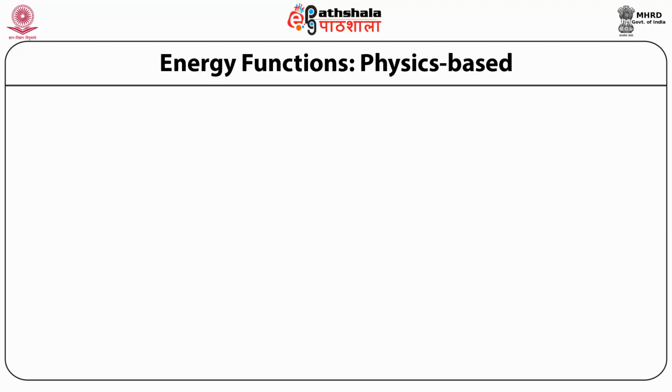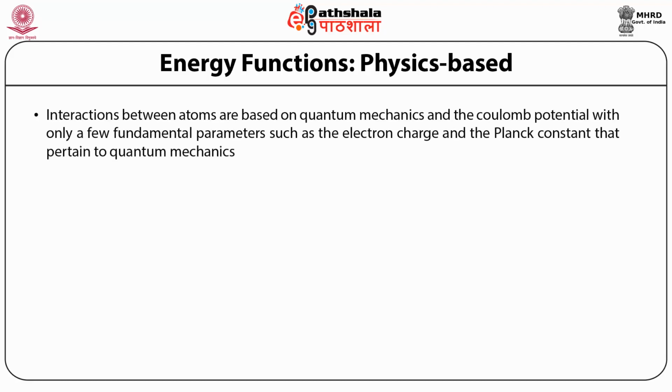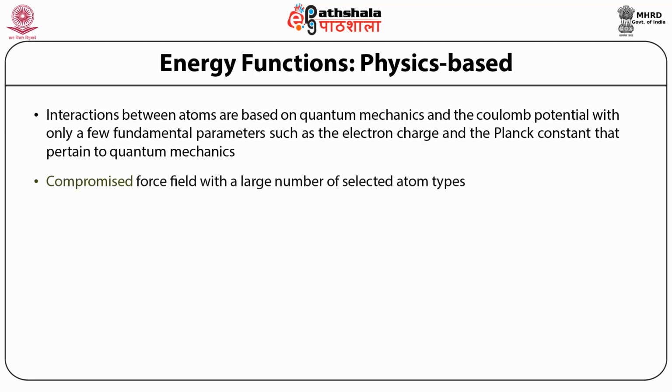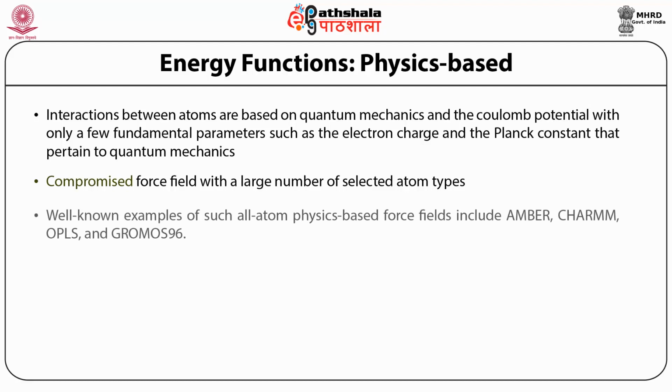Physics-based energy functions. Here, the interactions between atoms are based on quantum mechanics and the Coulomb potential, with only a few fundamental parameters such as electron charge and the Planck constant that pertain to quantum mechanics. There is a compromised force field with a large number of selected atom types. Well-known examples of such all-atom physics-based force fields include AMBER, CHARMM, OPLS, and GROMOS 96.